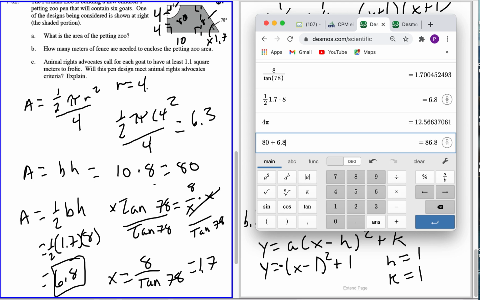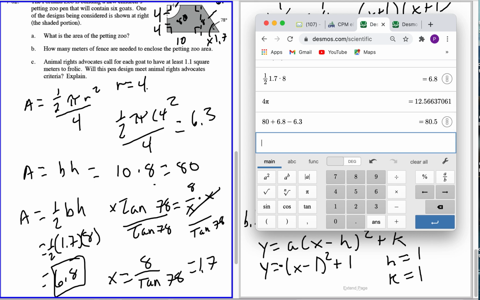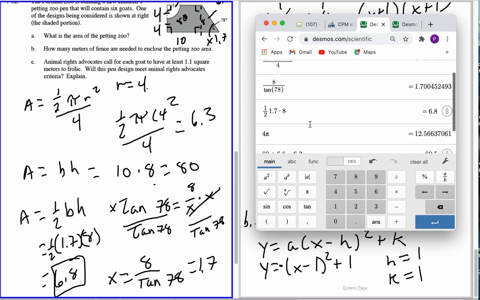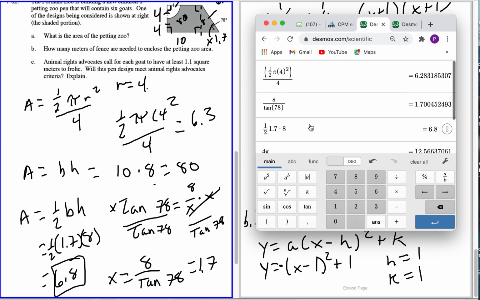Plus 6.8. Yeah, that's not right. I feel like I typed this one in wrong.